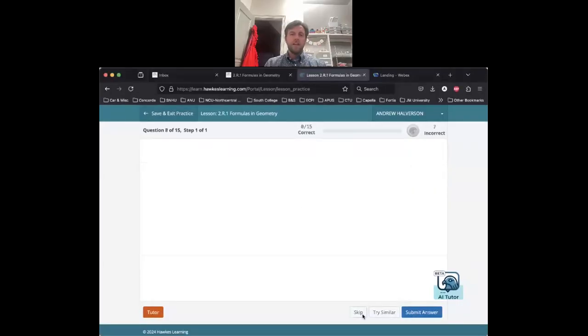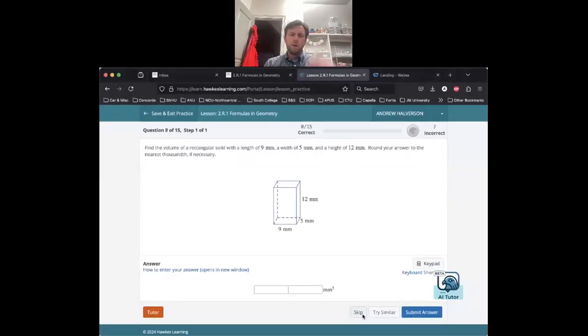Now there are a lot of properties here. Find the volume of the solid. This is the same sort of thing. What's the object? Are you trying to find the perimeter, area, or volume? What's the formula? Here we have a rectangular solid, and we want to find the volume.